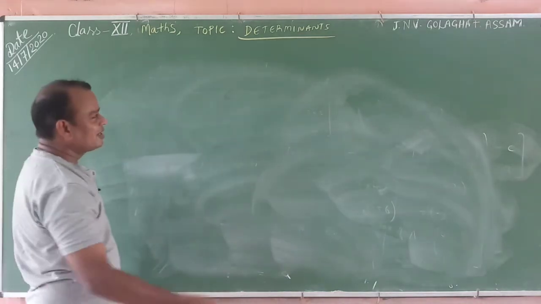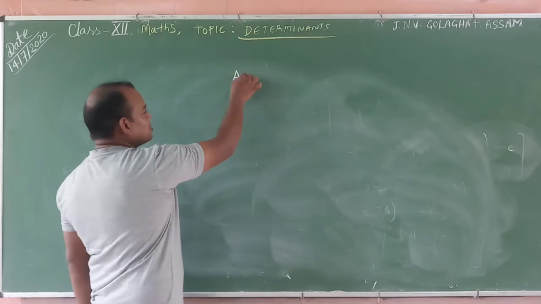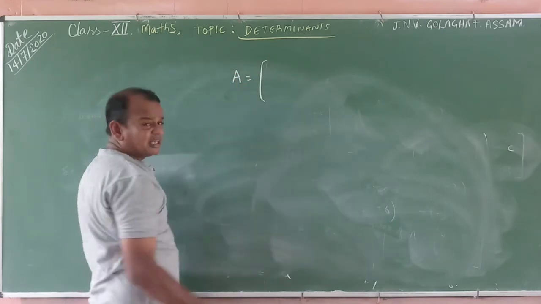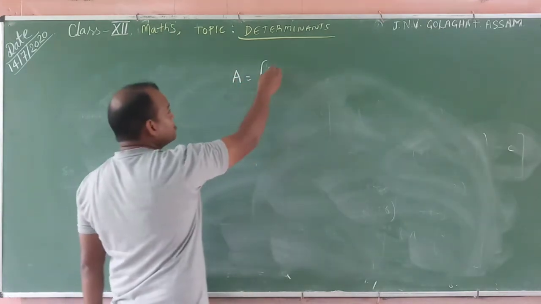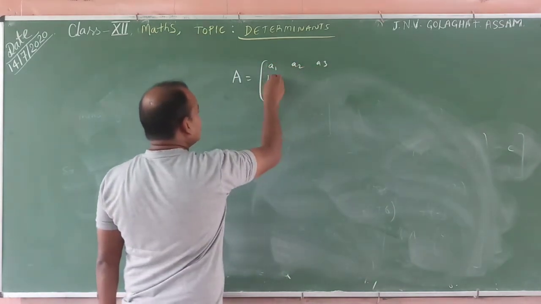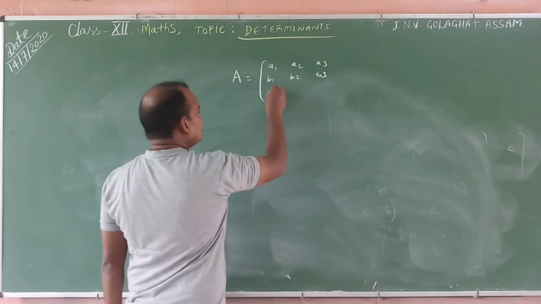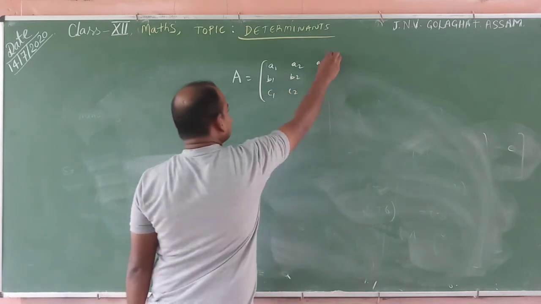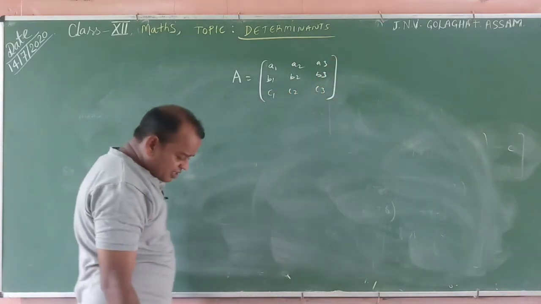Okay. Now listen carefully. Now suppose A is equal to, we will take any example, whatever it may be, or otherwise A1, A2, A3, B1, B2, B3, C1, C2, C3. What is the definition?